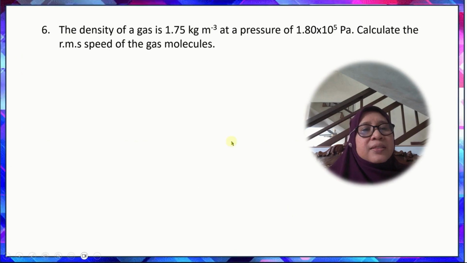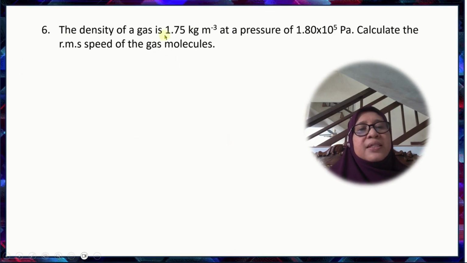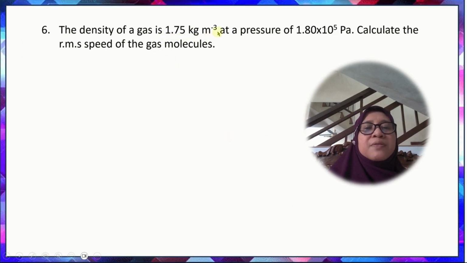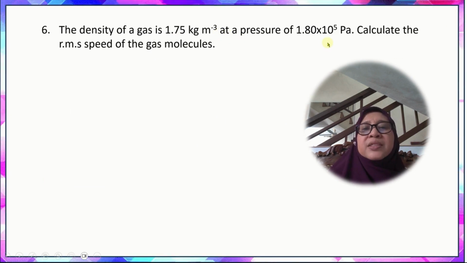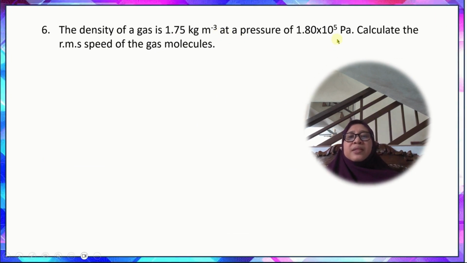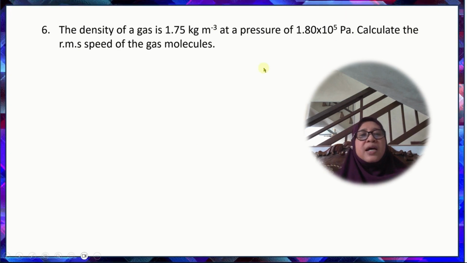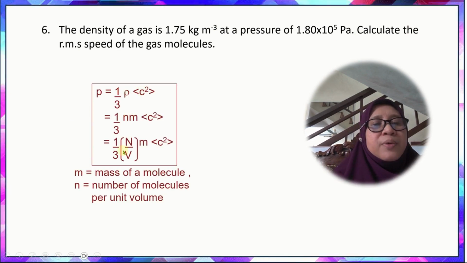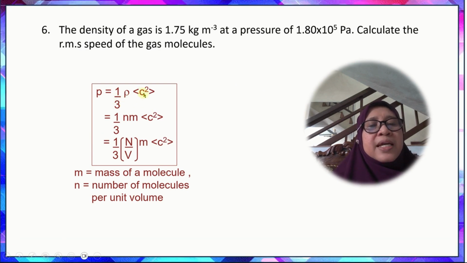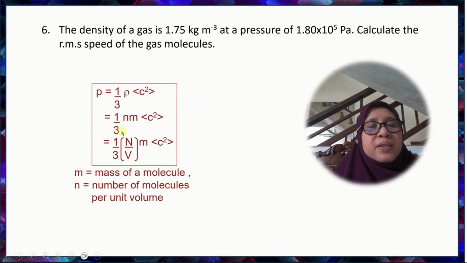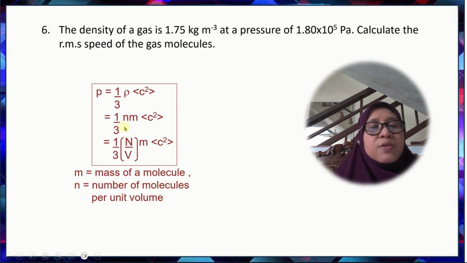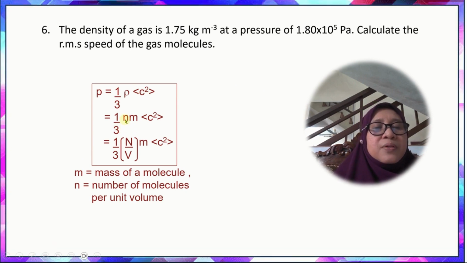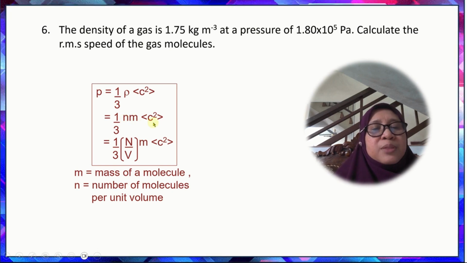Okay, next question 6. The density of a gas is 1.75 kilogram per meter cube at a pressure of 1.80 times 10 to the power 5 Pascal. Calculate the r.m.s. speed of the gas molecules. We have three equations of pressure. One is 1 over 3 density times mean square speed. Another one is 1 over 3 number of molecules density, times the mass of one molecule, times mean square speed.